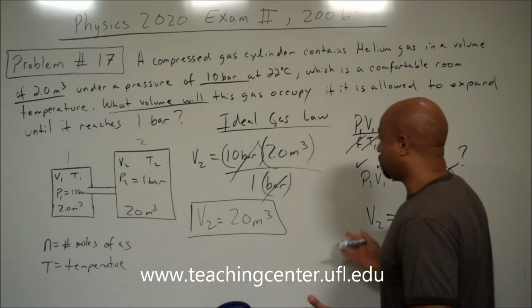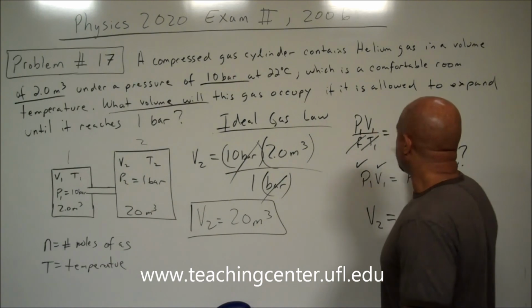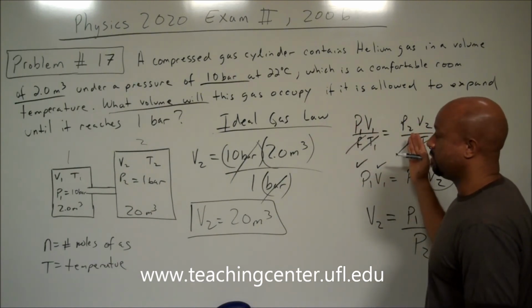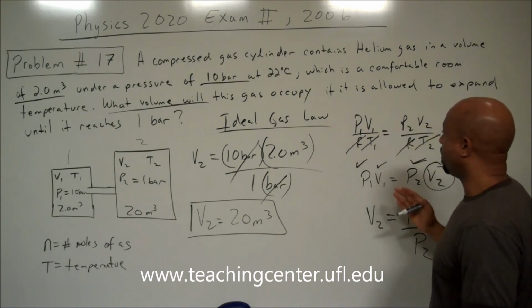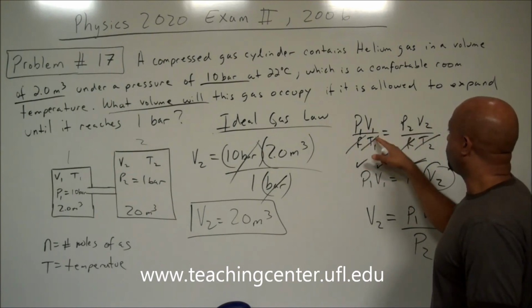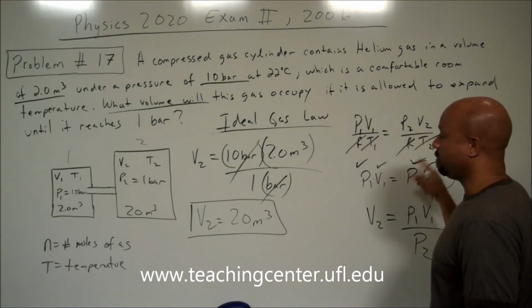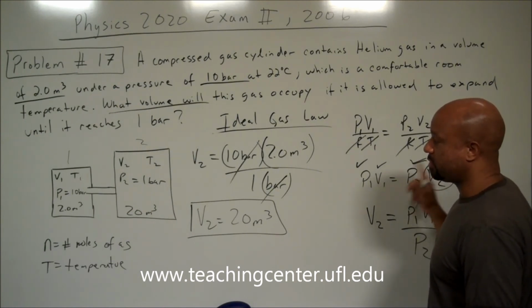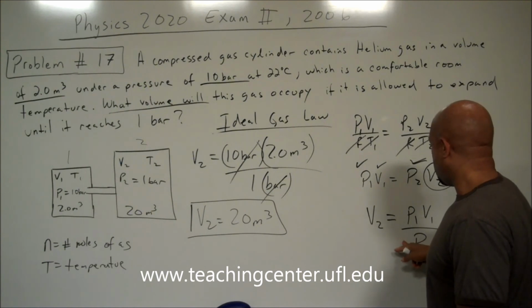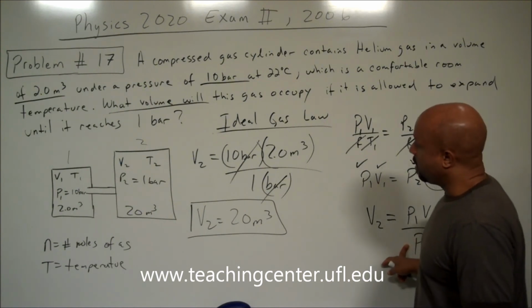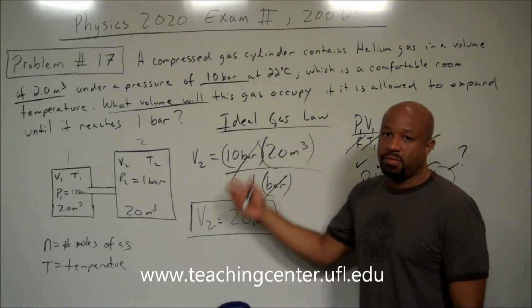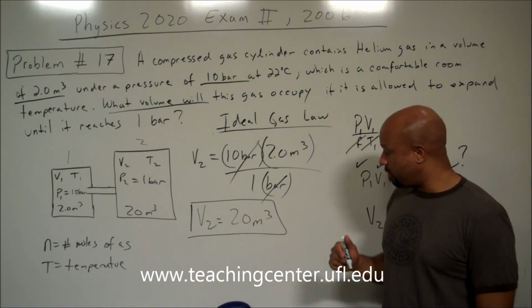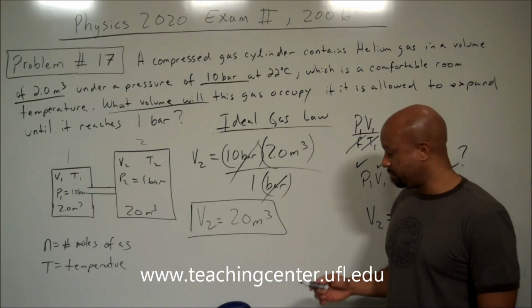So we can use the ideal gas law for the system in the two different states, the first tank and the second tank. That left us with just P1V1 equals P2V2, which allowed us to solve for the second volume. Then it was simply a matter of substituting in the information given in the problem, and we got a volume of 20 meters cubed.